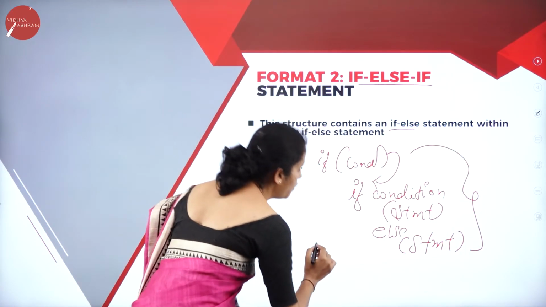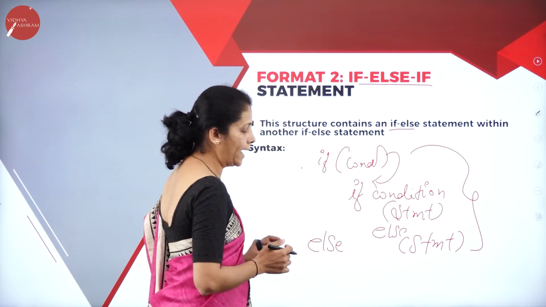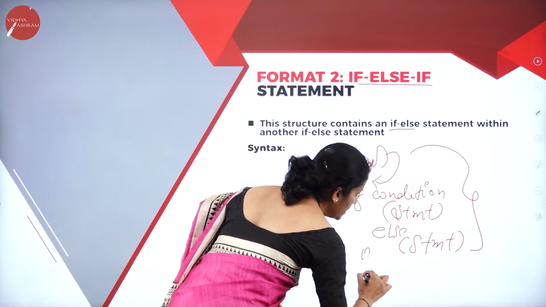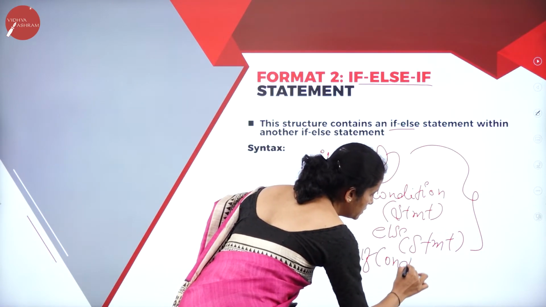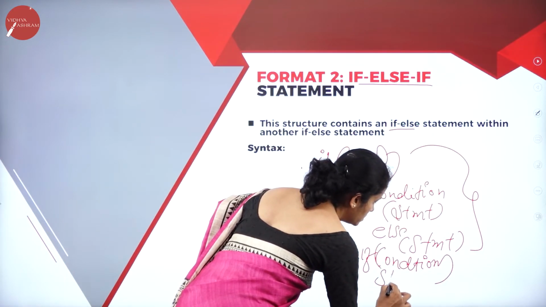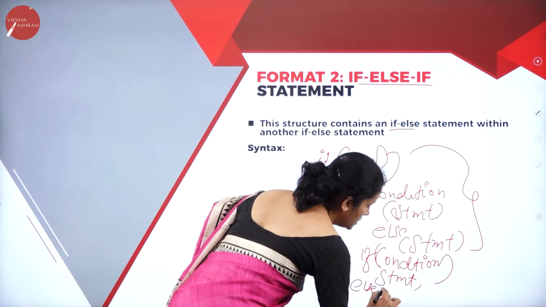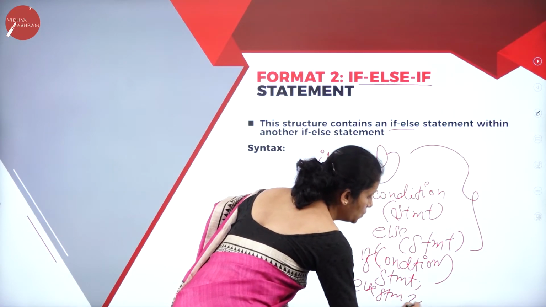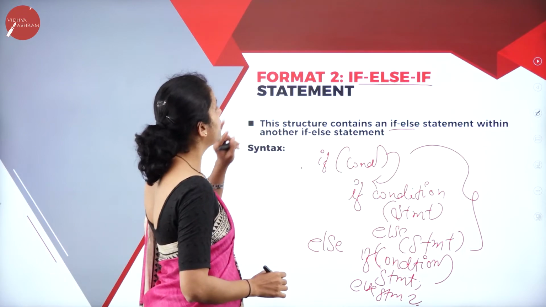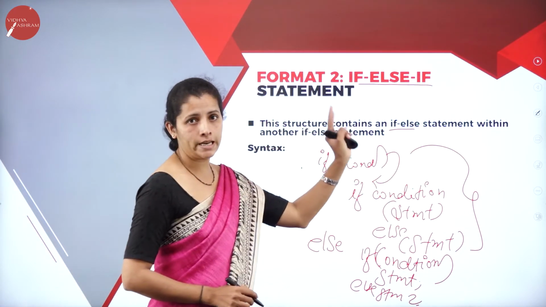If this condition is false, so where I'll write false statement in my else part, here I'll write if condition, if this is true, then statement 1, else statement 2. This is the way I can use the second form of if else statement.